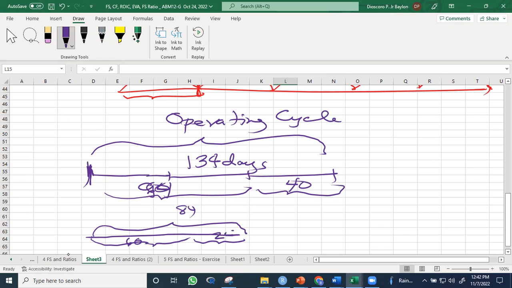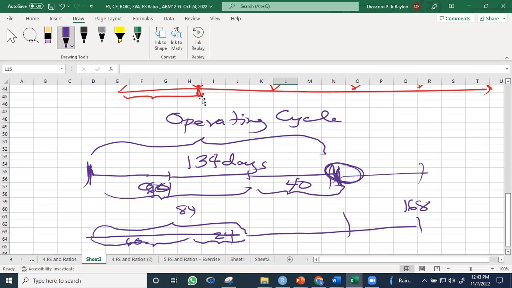Another 84 days, makaka-dalawang cycle na si competitor. Kasi 84 plus 84, mga 168, no? Samantalang si company natin, nasa 134 days, katatapos pa lang niya makakolect.